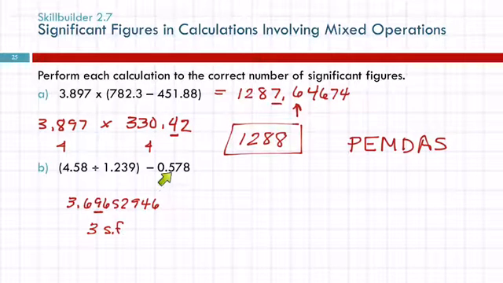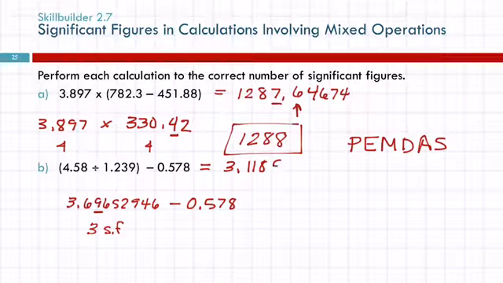I'm now going to subtract the 0.578. I've got this number already in my calculator. I'm just going to press minus 0.578 equals, and I get another mess, 3.11852946.